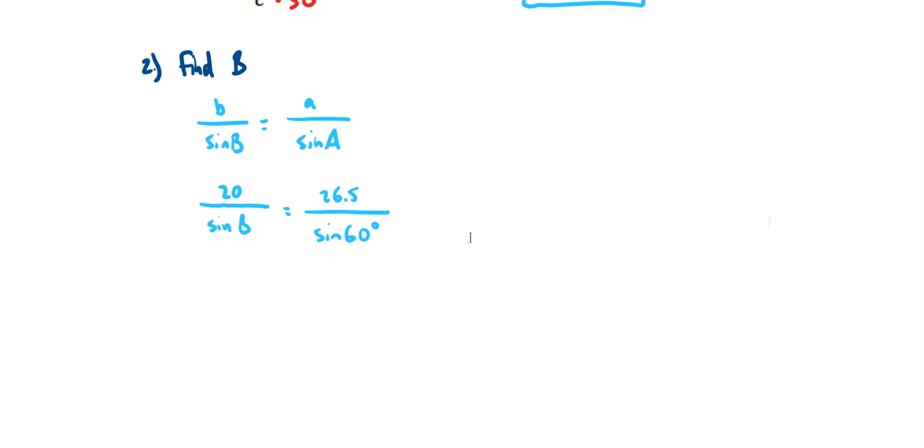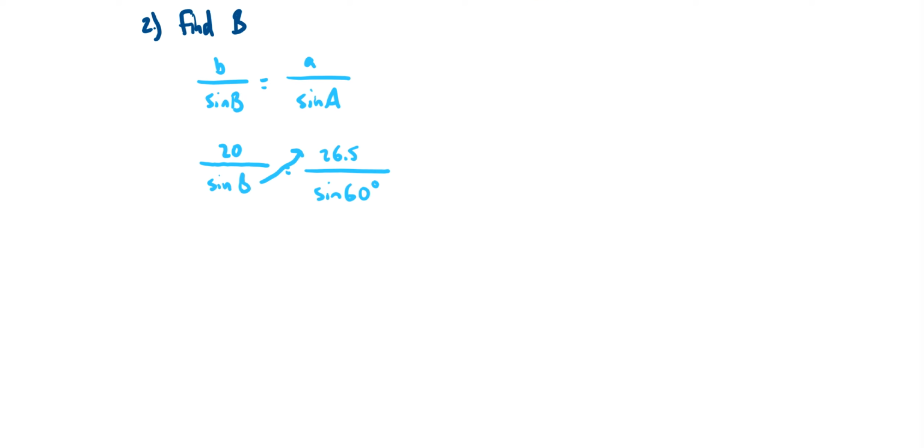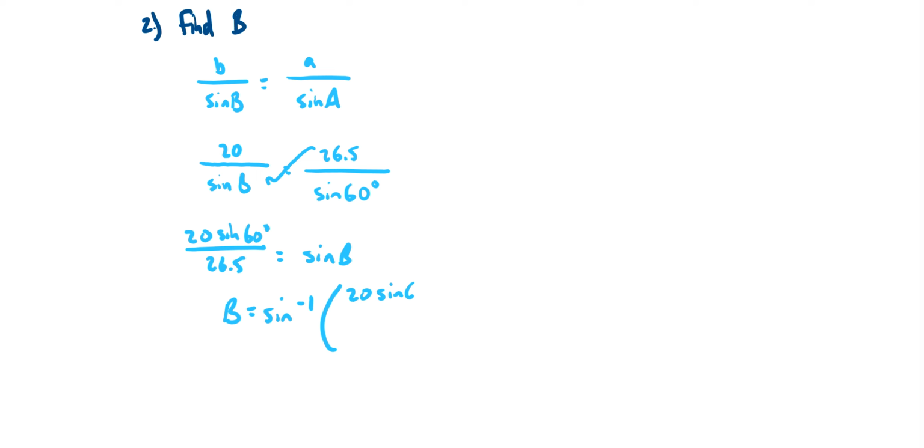And this is when law of sines is a little bit annoying when you're looking for the angle. We need to cross multiply, if you want to think of it like that. Multiply sine of B to the right, and then multiply sine of 60 degrees on both sides. So multiply that to the left, and then we can divide 26.5 to the left. And then to find B, this is when we need to do sine inverse of 20 sine 60 degrees over 26.5.